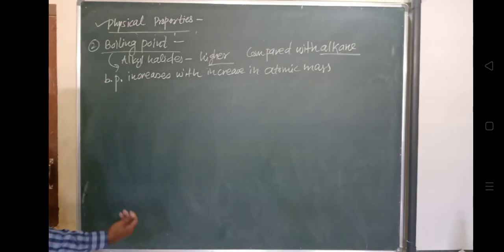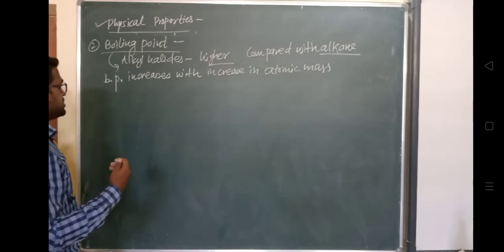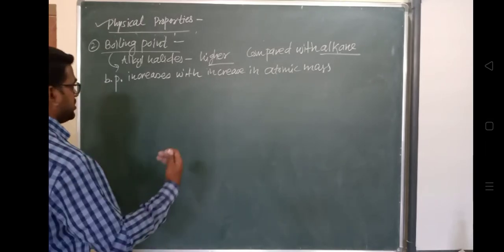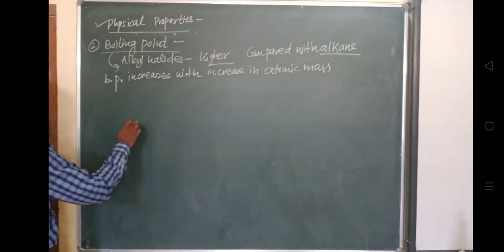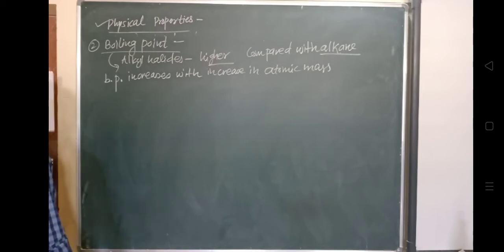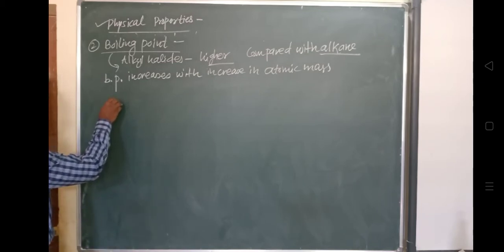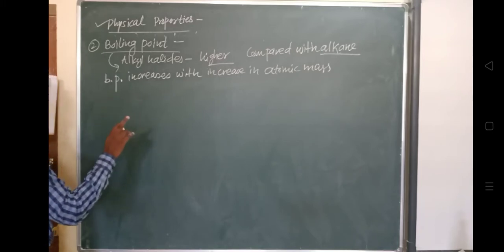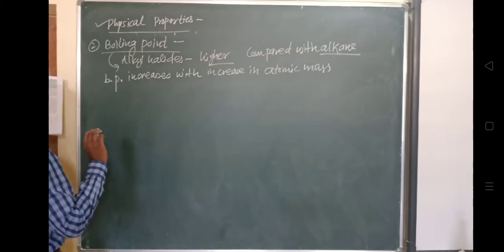So alkyl halides which are formed by iodine, its boiling point will be higher. So with alkyl halides, for a given alkyl group, the boiling point increases with increasing atomic mass of the halogen, because the magnitude of van der Waals forces increases with increase in size and mass of the halogen.